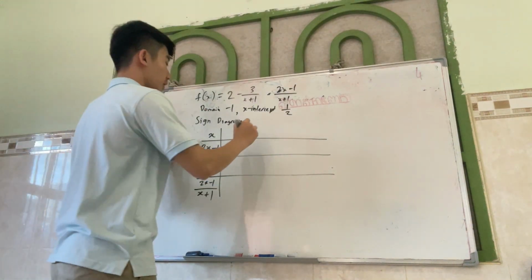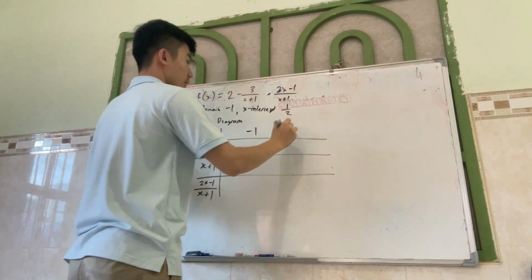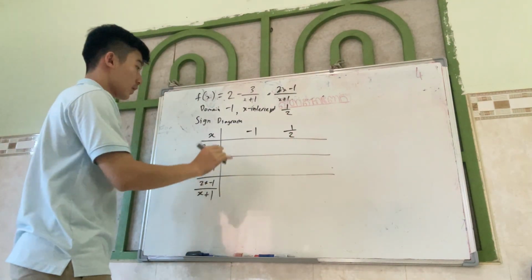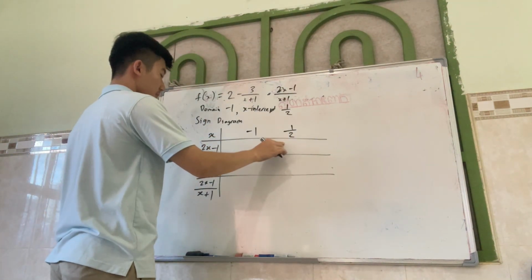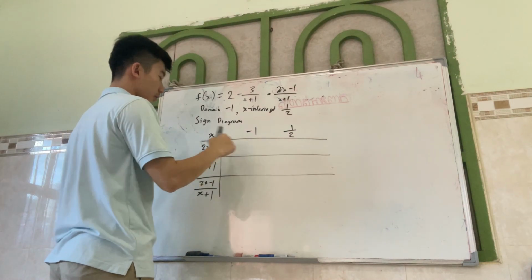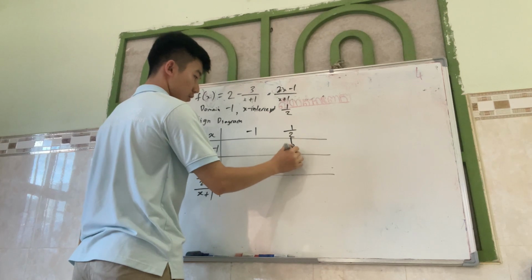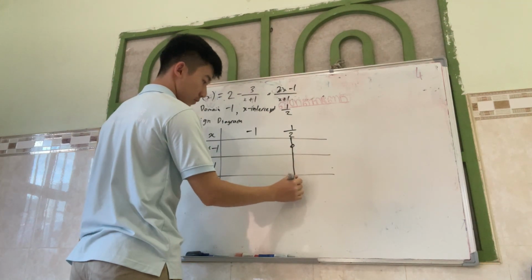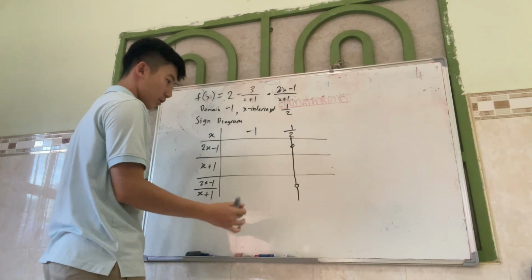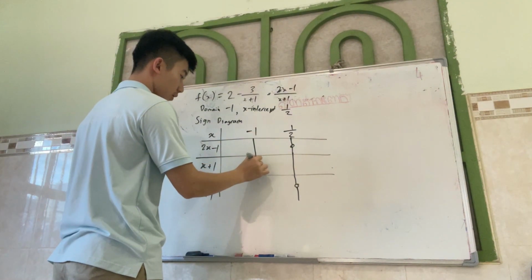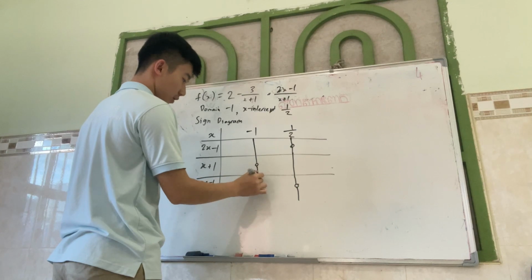The domain restriction is negative 1, and the x-intercept is 1 over 2. So at the x-intercept, this will be equal to 0 in this row, and also equal to 0 in the last row. And at the domain restriction it will be equal to 0 in this one, and undefined in the last row.